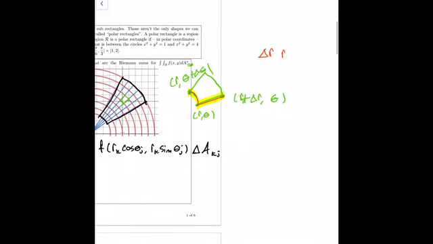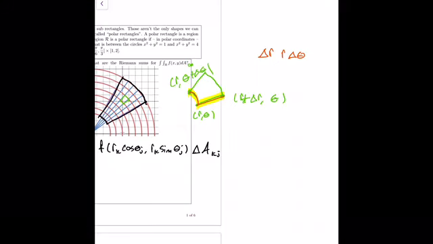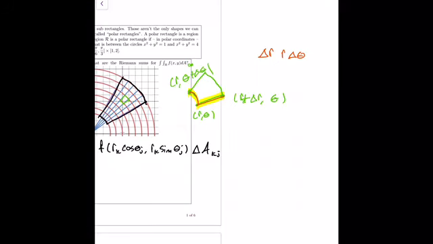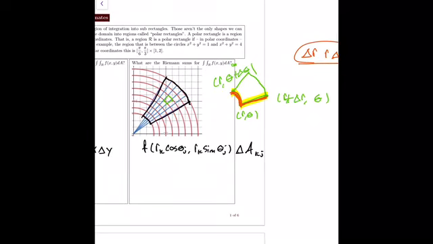The length of that is exactly going to be r times delta theta, because it is the arc of a circle of radius r going through delta theta radians. So the length of this is delta r, the length of this is r delta theta. So if we're treating this like a rectangle, the area is going to be the length times the width, or r delta r delta theta.